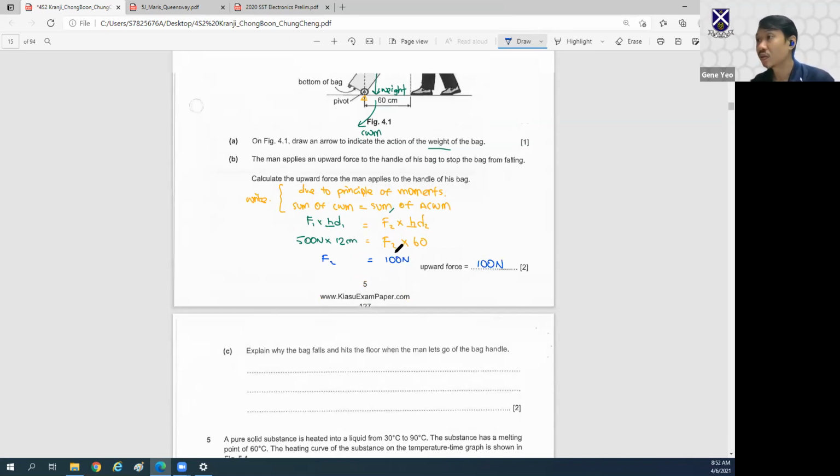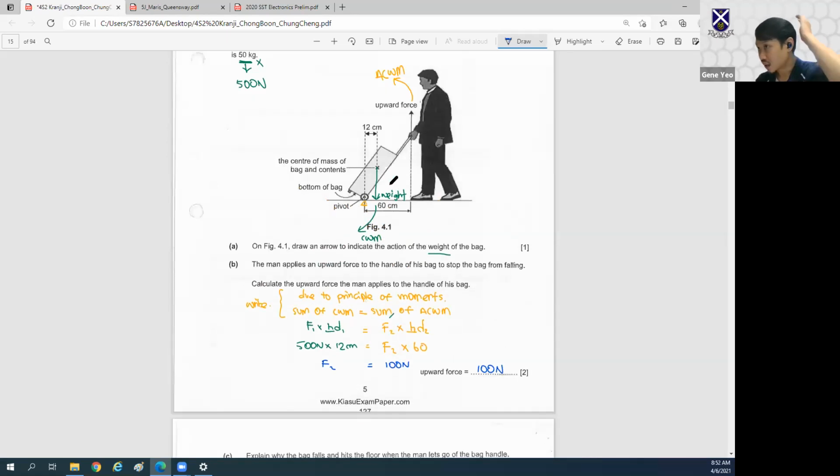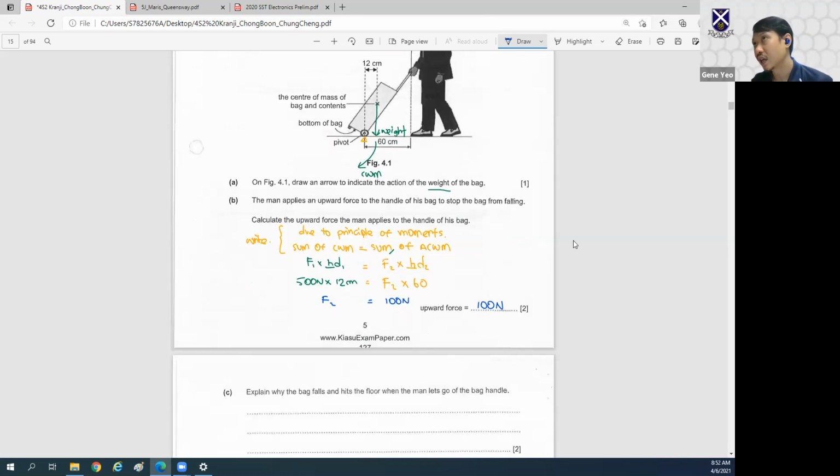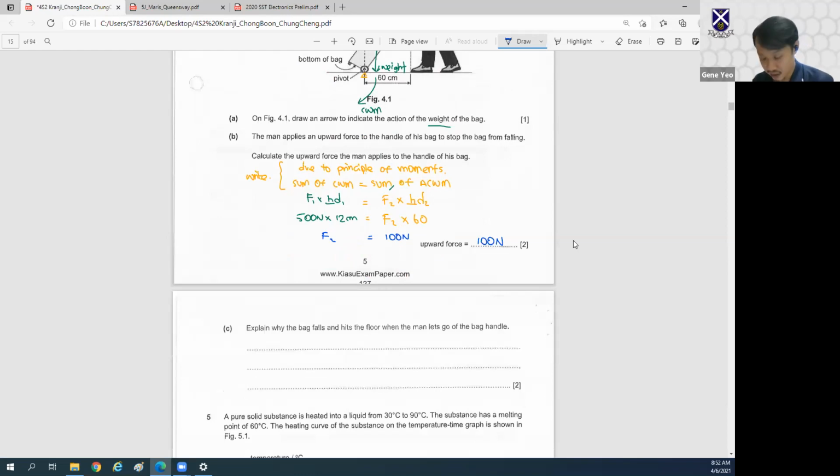So before I write down the answer, what we have done is that we have taken away the anti-clockwise moment provided by the man. So now we are only left with the clockwise moment. So we have to explain that in our answer.